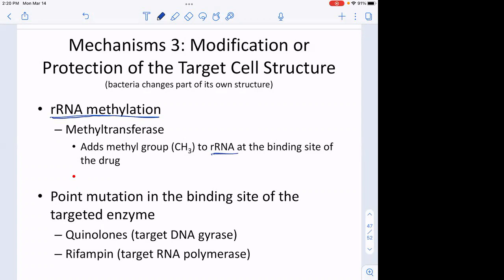So if they can change the binding site of where the drug binds, then the drug can't bind properly to the ribosome.